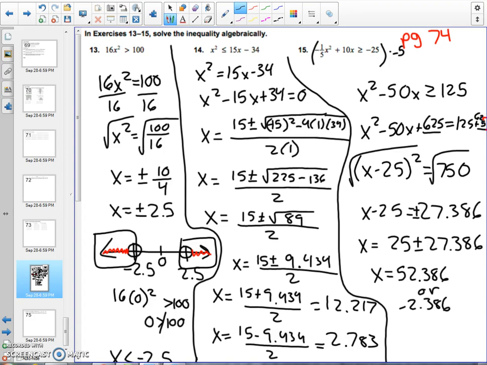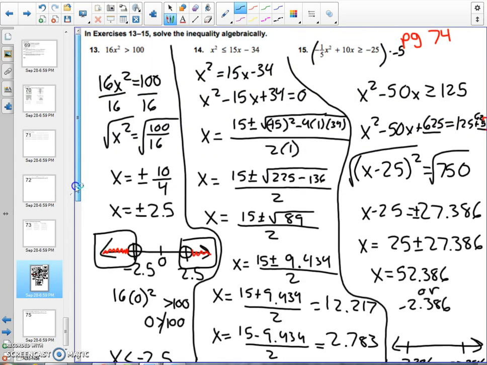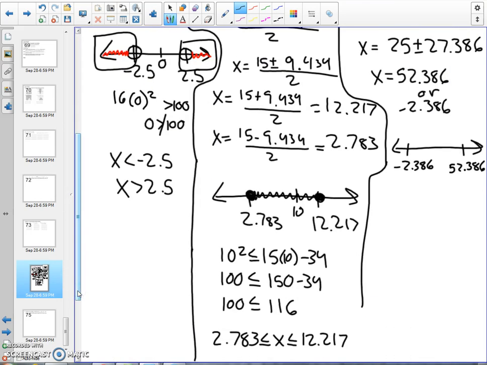So what I need to think about then, on my number line, so this is an or equal to, so I do want to fill in circles there. I need to figure out, am I dealing with a between or an outside situation? So I'm going to pick something easy to check. 0 would be inside of here, so that's always an easy one.